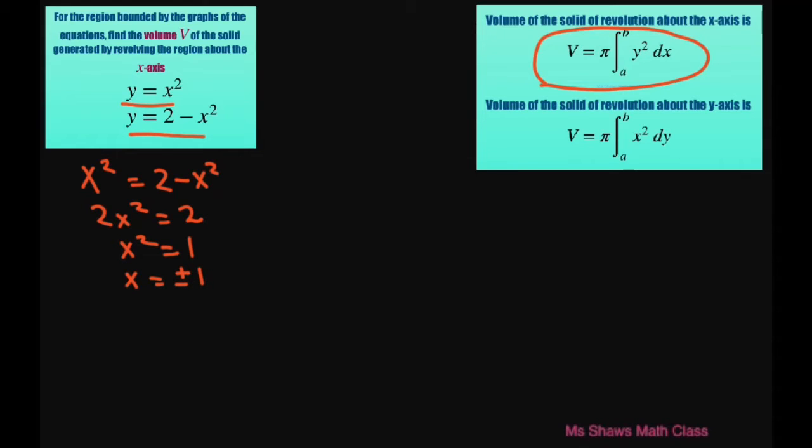If I do a little sketch here, we know what y equals x squared looks like. It opens up, something like that. And this one opens down, and it's shifted up by 2. So 1, 2. And it intersects at 1 and negative 1.